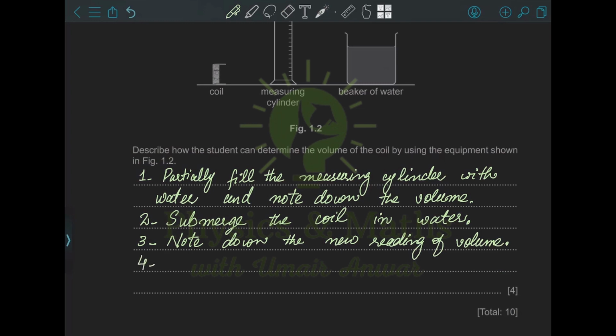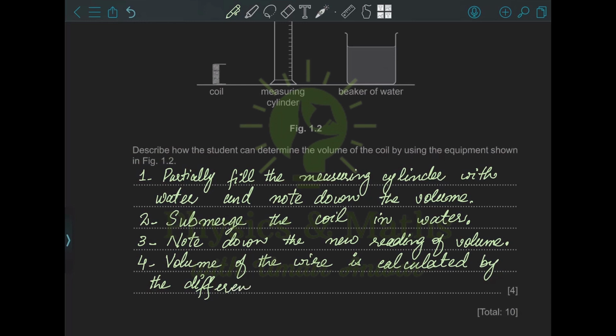And number 4, the volume of the wire is calculated by the difference in volumes noted. So we noted down 2 volumes. When we find the difference, the volume of the wire could be found.